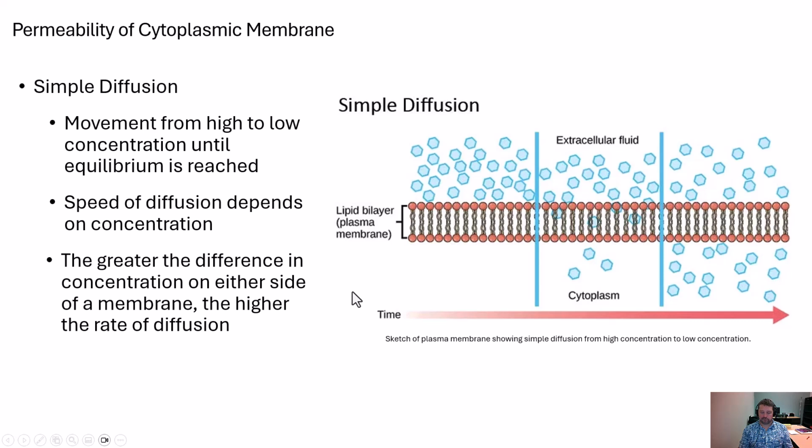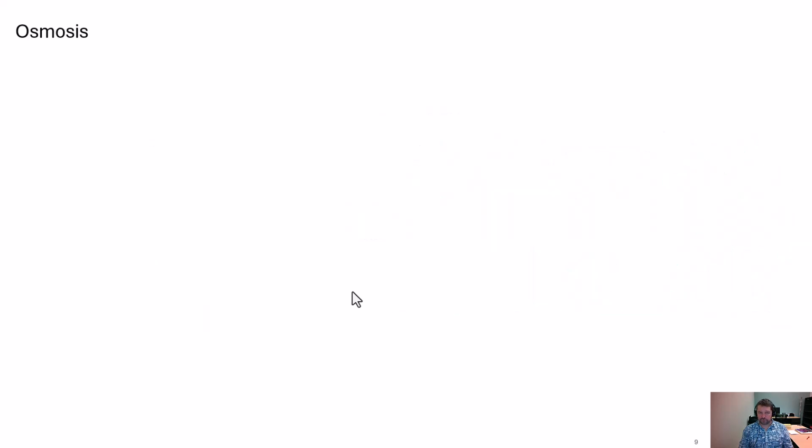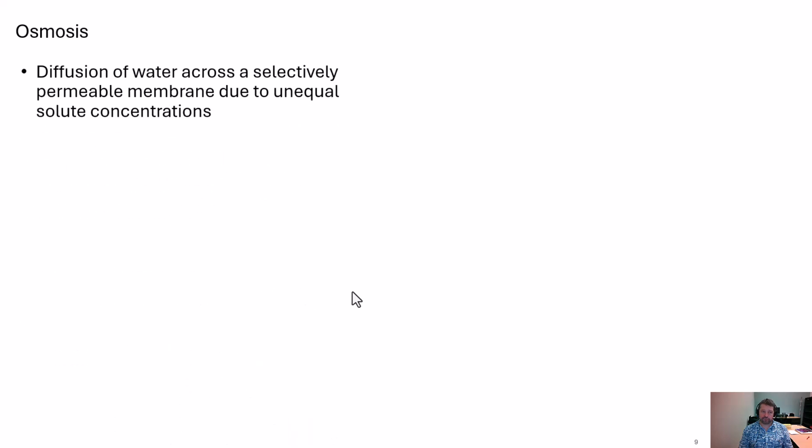And that plays a role in lots of different things, antibiotics, drug transfer, that kind of stuff. Okay, osmosis is similar to diffusion, except it's basically water, and it often moves in what we would intuitively think is the opposite direction as diffusion.